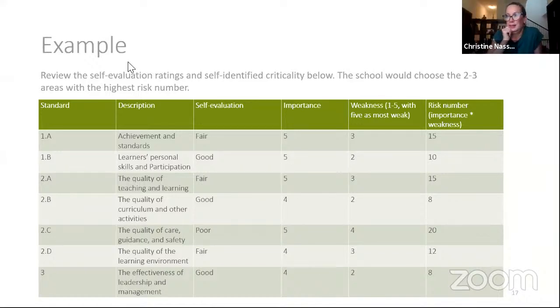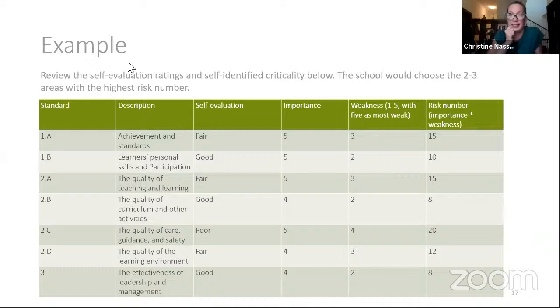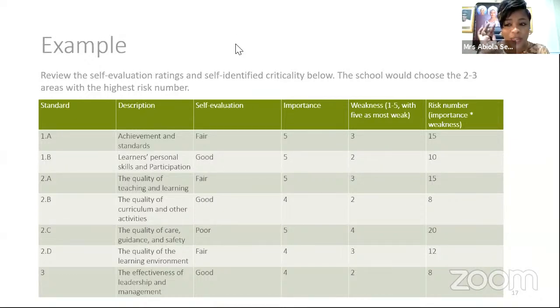So the higher the number, the higher the ranking in that particular component. If 5 is under importance, 5 is the most important. If 5 is under weakness, 5 is the most weak. Yes, exactly.